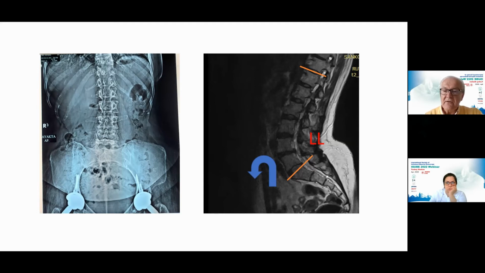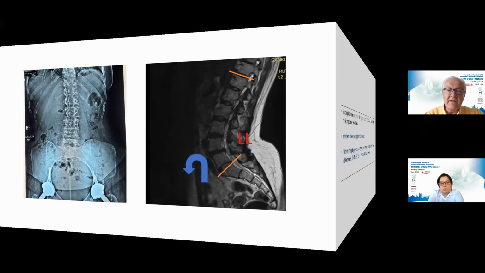So the sacrum is like horizontal now, compensation mechanisms are working, and the lumbar lordosis increased. So she is suffering from back pain. Is it coming from the mechanical problem, or is it coming from the neurologic compression? This is difficult to understand.